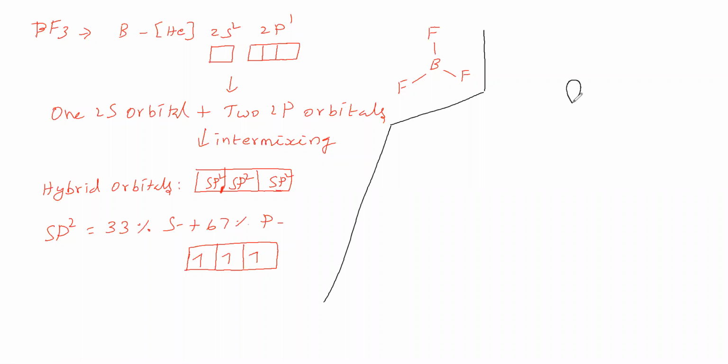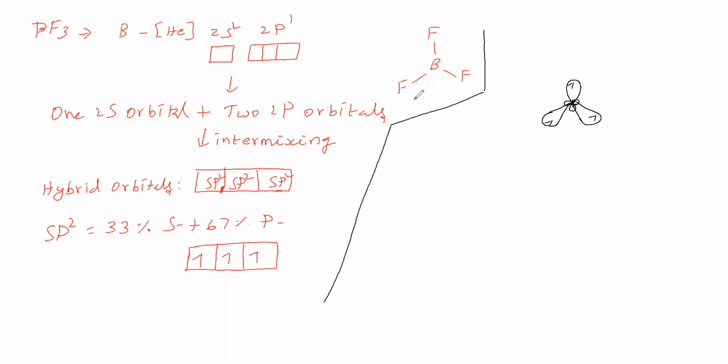One hybrid orbital we have drawn like this, here is the nucleus. The second hybrid orbital we have drawn here, and the third hybrid orbital here. So the 3 hybrid orbitals of boron orient around its nucleus in the shape of a trigonal planar with an angle of 120 degrees. Now these 3 electrons we will write here: 1, 2, 3.